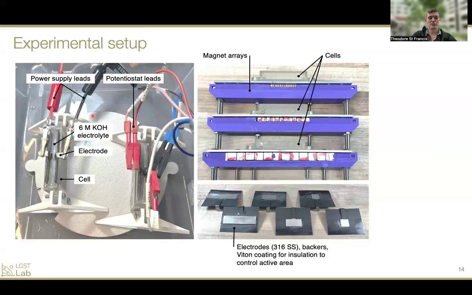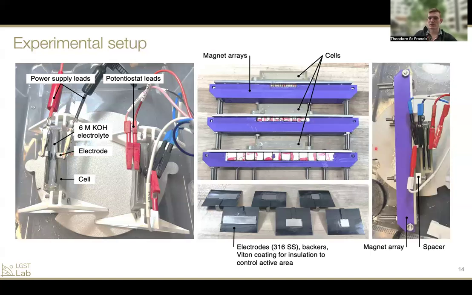We have a potassium hydroxide electrolyte, which is common for commercial electrolyzers and for hydrogen, as well as in alkaline oxygen generating electrolyzers for spaceflight. The electrodes are here with a constant electrode gap across all magnet sizes. And there's a spacer that is included between the electrode cell and the magnetic array for maintaining that constant B field across sizes.